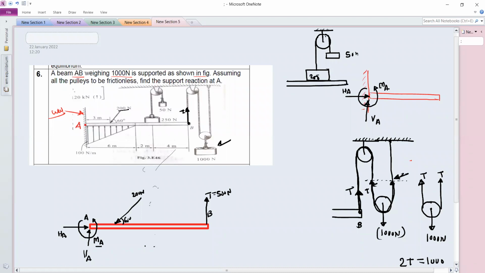So this weight 250 Newton will create one force on this beam. Okay. And it is not 250 Newton. So we need to subtract this 50 Newton from this 250 Newton so that you will get the net reaction on this beam. So if you draw two separate free body diagrams, one for this weight and one for this beam.